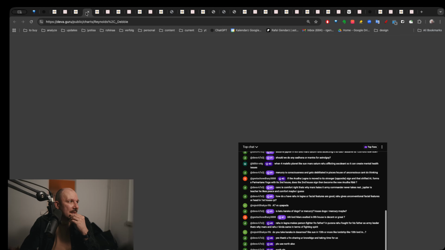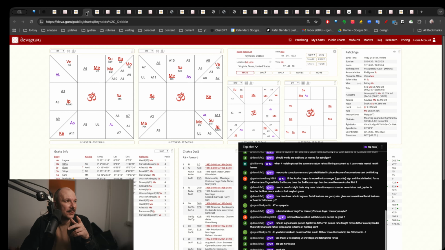And yeah, then we have this Debbie Reynolds. This is also a very interesting chart. She got totally destroyed by the debt of her spouse, second spouse.